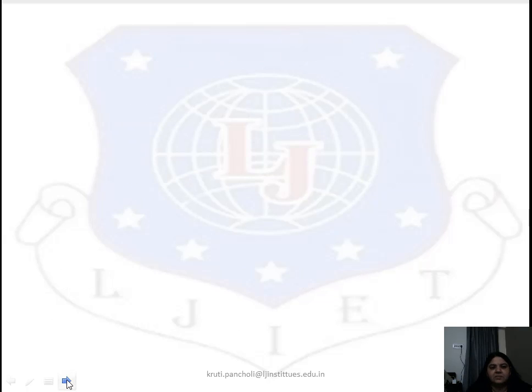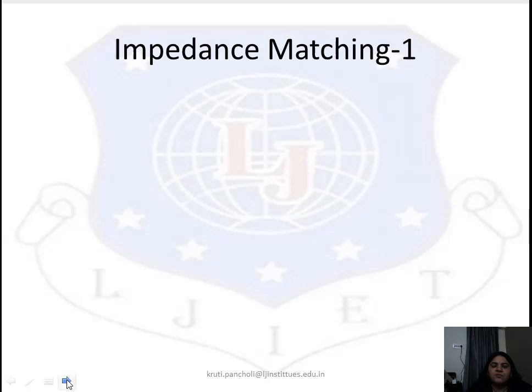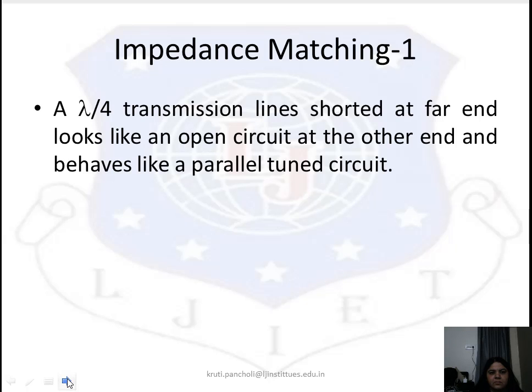Now, which kind of line is feasible during impedance matching? A lambda by 4 transmission line shorted at the far end looks like an open circuit at the other end and behaves like a parallel tuned circuit.